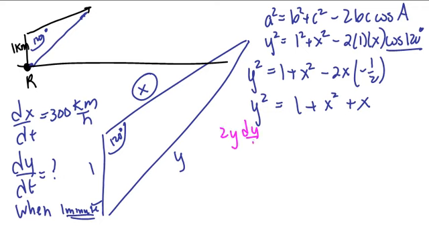And dy by dt equals, the derivative of 1 is 0, so it's 2x dx by dt plus dx by dt. And I know I need to find dy, what am I asked for?